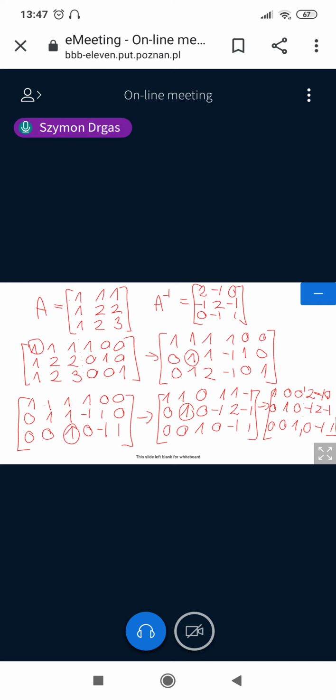Okay, so let's do it. So I want to multiply A by A inverse, and I think that I can write the result here.